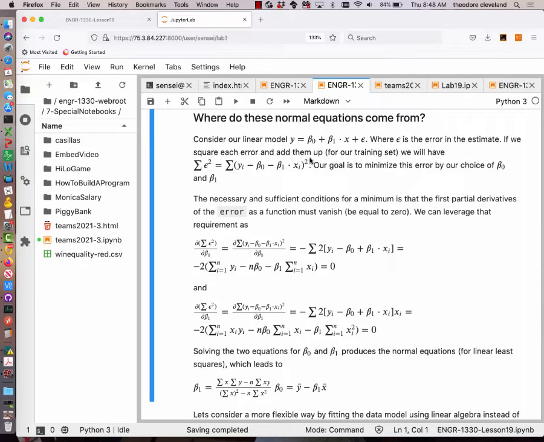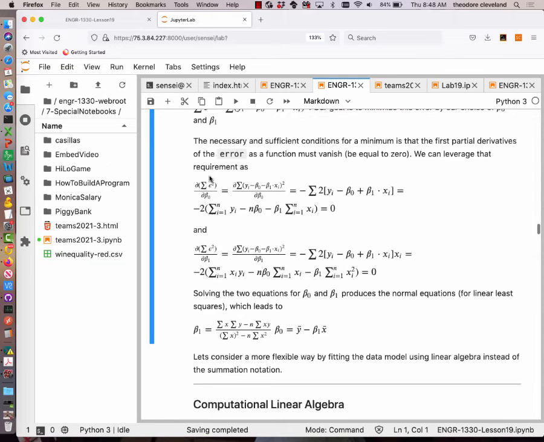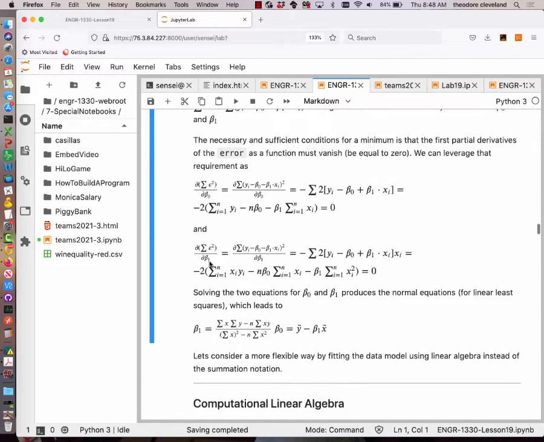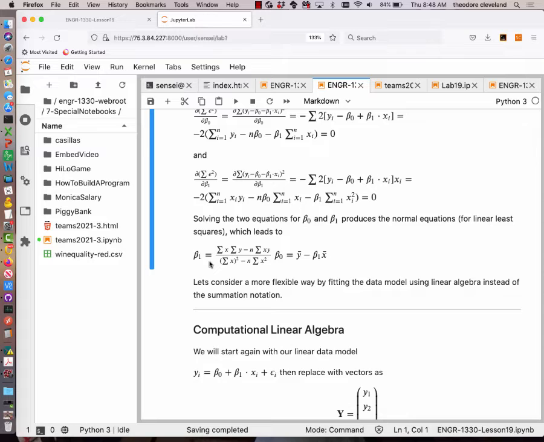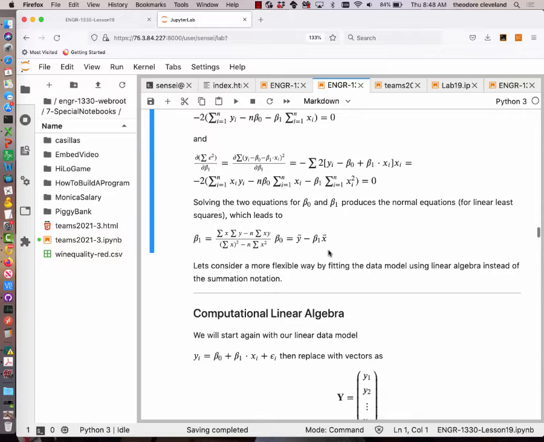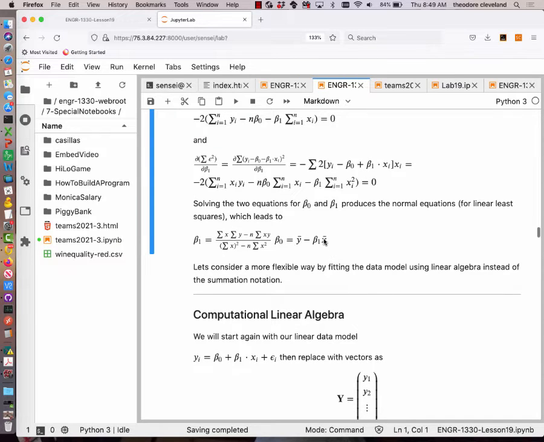Somebody a long time ago started with this statement here, that the sum of the errors squared, I want to minimize that by changing beta 0 and beta 1, set the two derivatives equal to 0, solve the resulting linear equations for beta 1 and beta 0 in terms of the sums of the x's, sums of the y's, sums of the cross products, sums of the x quantity squared, sums of the x individuals squared, and produced these solutions.